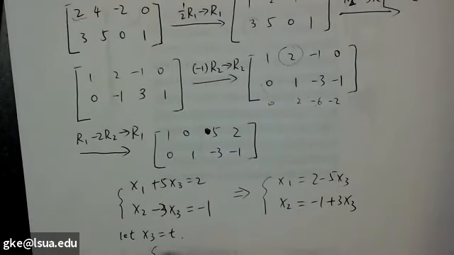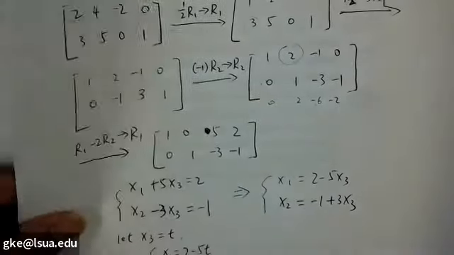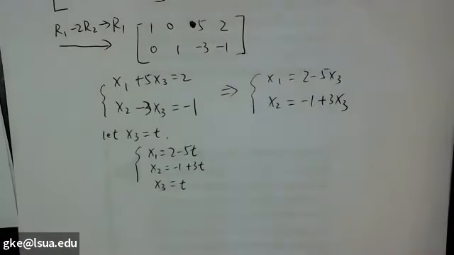So the solution is going to be x1, x2, x3. That's it. Okay, we have the solution: x1 equals 2 minus 5t, and x2 equals -1 plus 3t. x3 equals t.